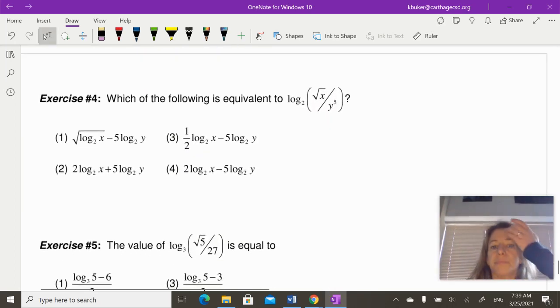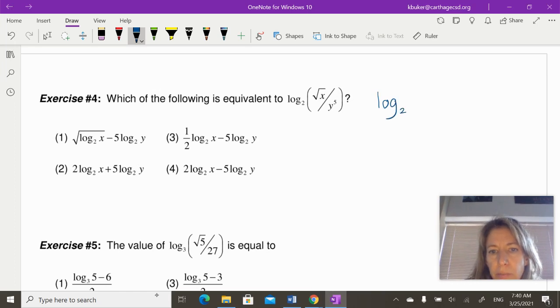All right, next one. This is our first one where we have a radical. I highly suggest that you change the radical from the beginning into an exponent. So this is really x to the 1/2 power over y to the 5th. The next thing I notice is I have division. So I know division turns into, hopefully you said subtraction, in your head at least.